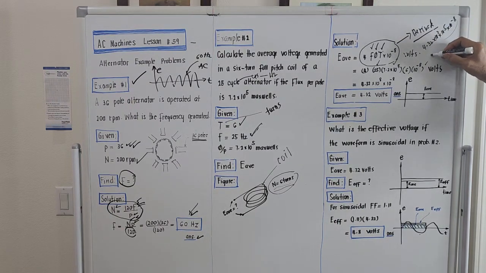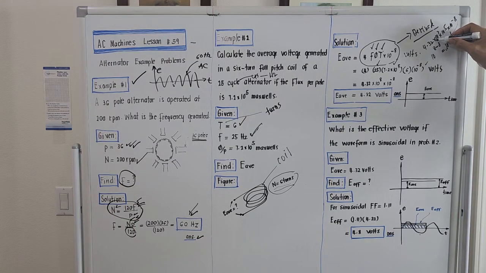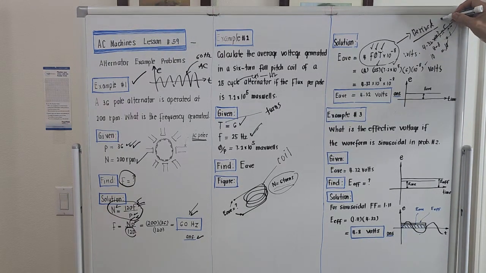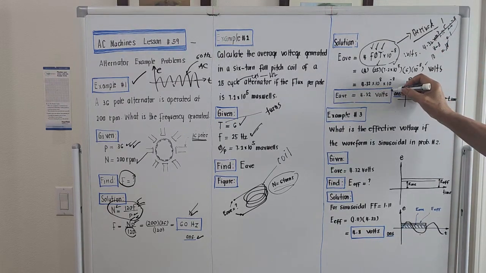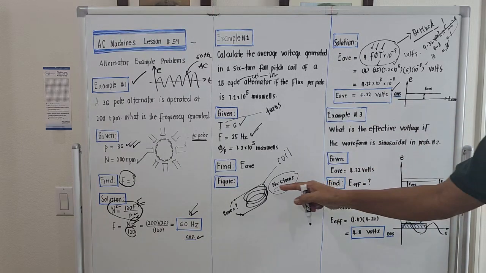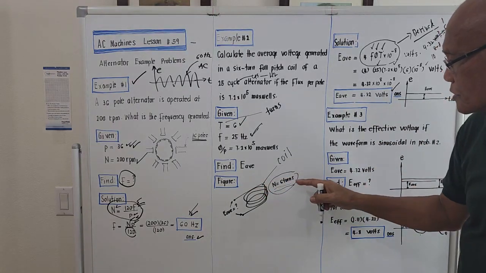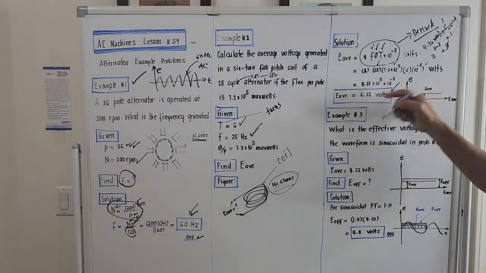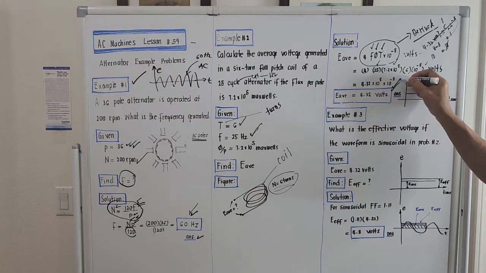It will become 10 raised to 8 minus 8, or 10 to the 0, and 10 to the 0 is 1. So if we multiply, this will become 1. And 4.32 times 1 will be 4.32 volts. So the average voltage generated in the given coil, which consists of 6 turns, is 4.32 volts.